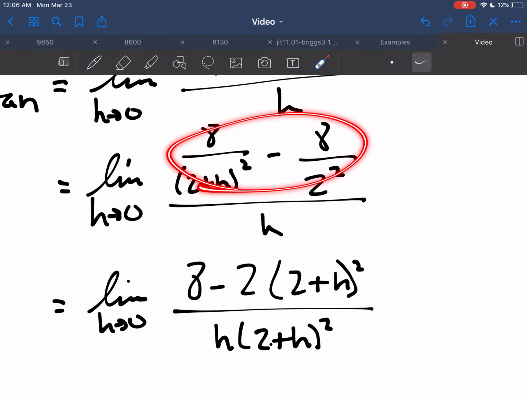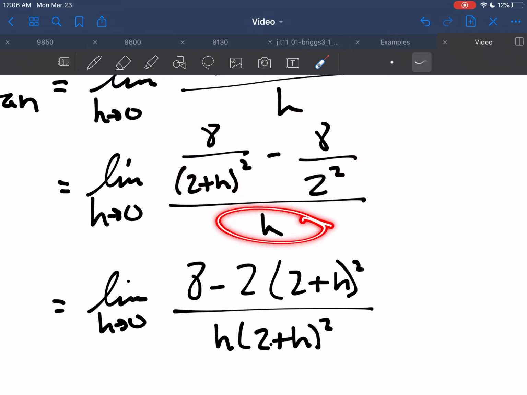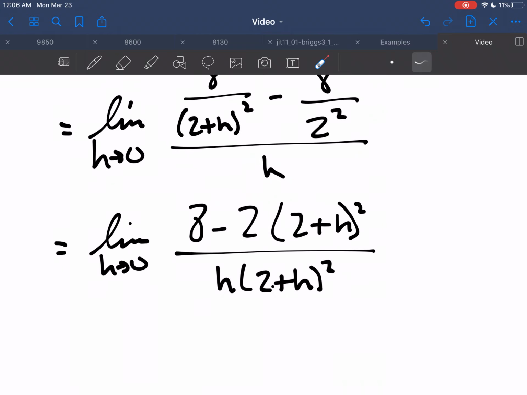We found a common denominator, combined them, and multiplied the whole thing by 1 over h. Now we've got it combined down to 1 fraction. Woohoo! Now, you see a 2 plus h squared here and a 2 plus h squared here. You may want to cancel. Do not cancel these.